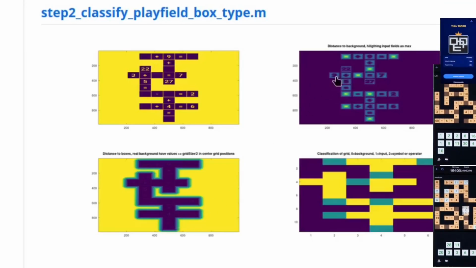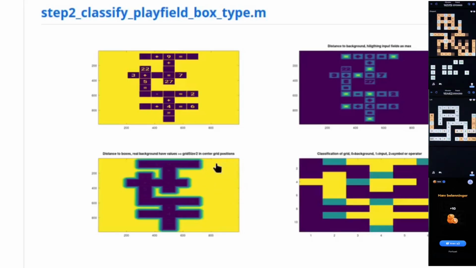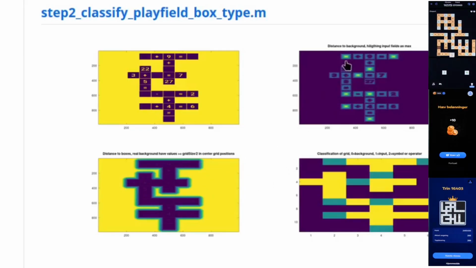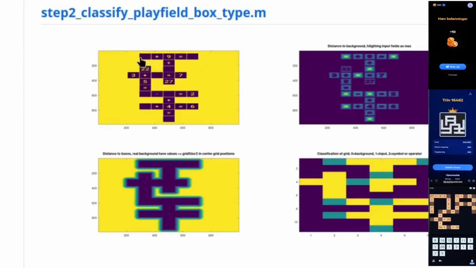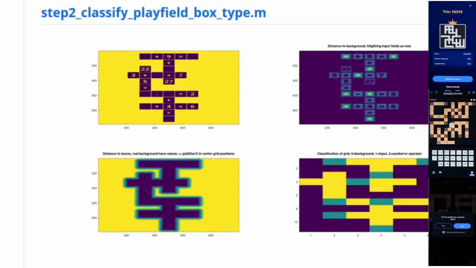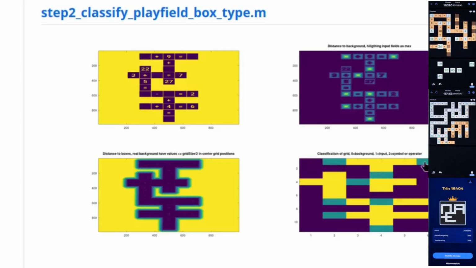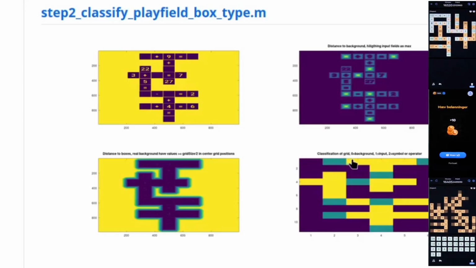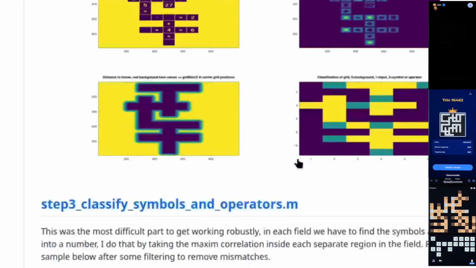I'm doing two distance transforms, and by combining the values of those two distance transforms I know whether I'm in a background or whether I'm in a symbol or whether I'm in an empty field. And you can see down here I save the classification of that logic. So these are background, these bluish guys are empty fields, and the yellow guys are operators or symbols, whatever.